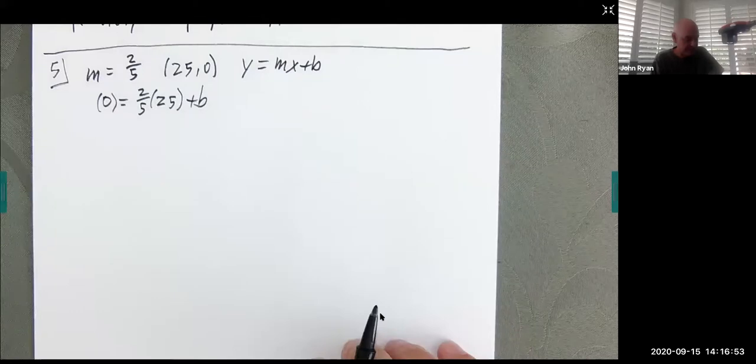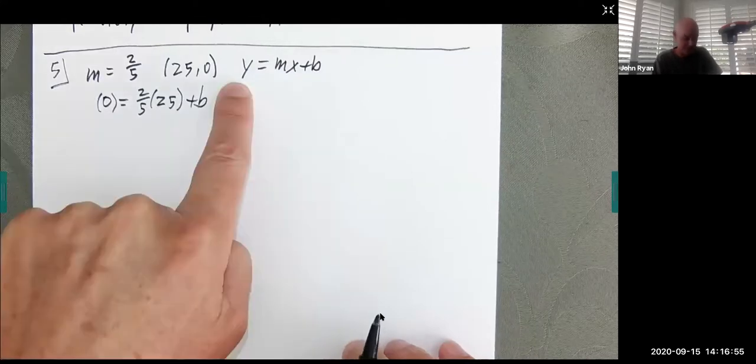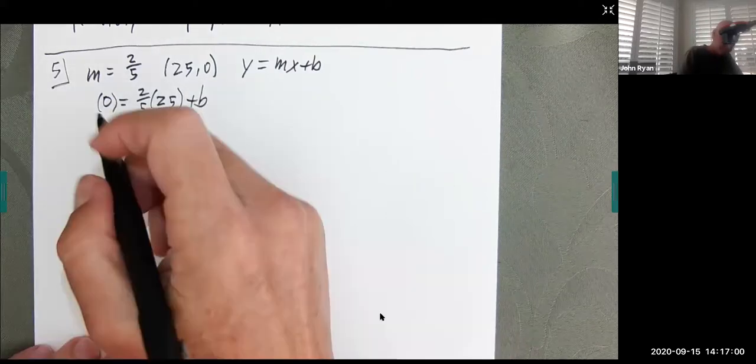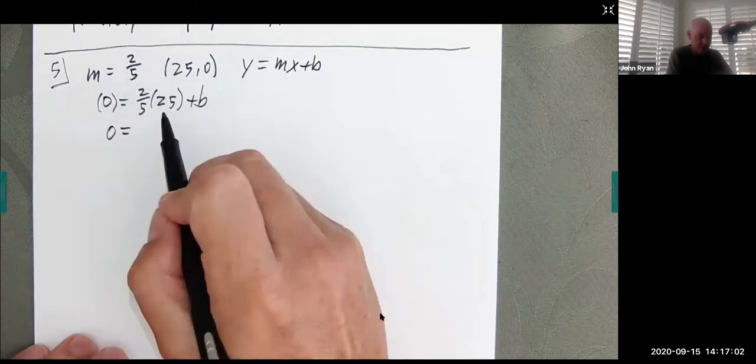Be careful, it's always x comma y, but in this case, with this particular formula, you have to put the y in over here. Now here, I'm going to take 25, divide by 5, which is 5. 5 times 2 is 10.